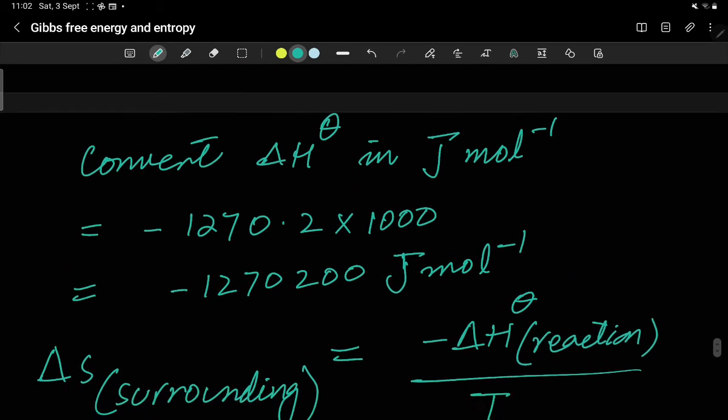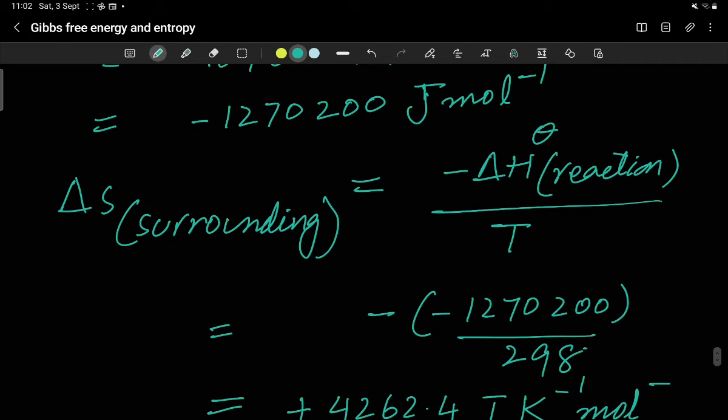So this is how to calculate the entropy of the surrounding.